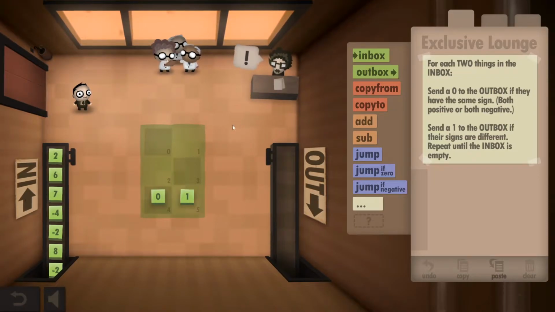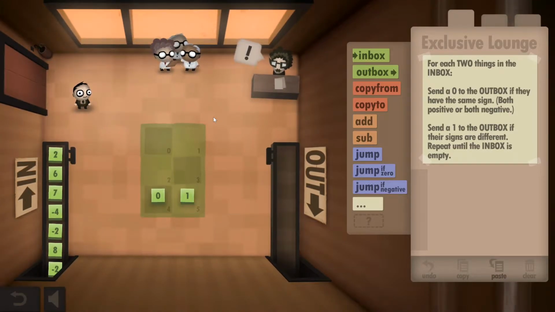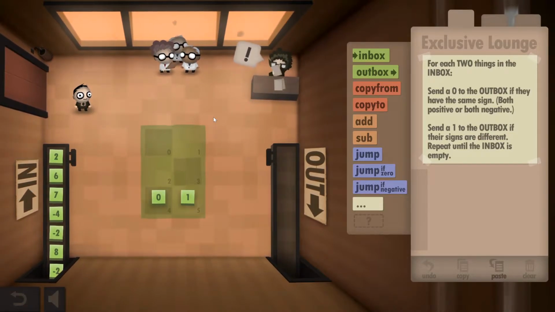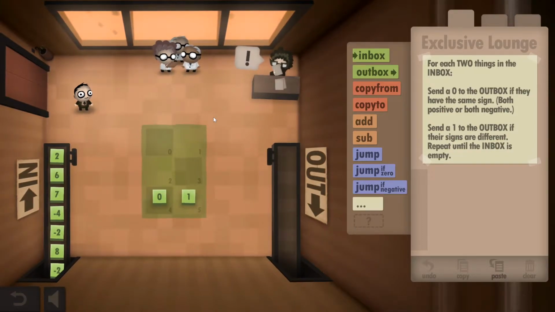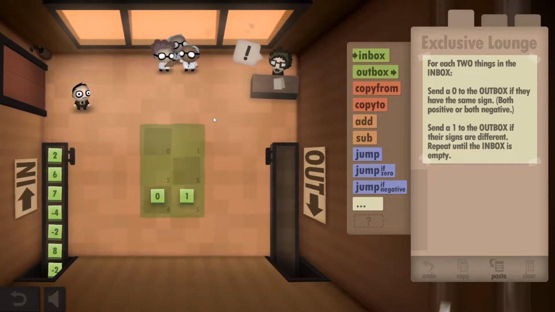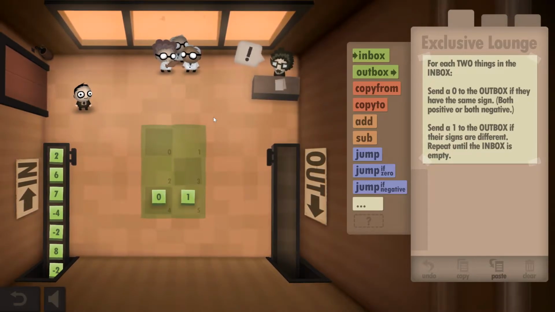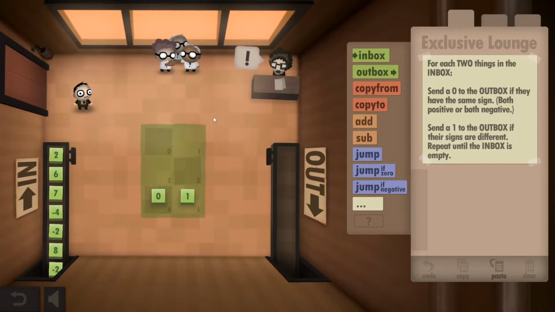So, we're going to have to think about this. What do we know about numbers? Let's think back to some of the earlier levels when we were doing what was essentially a multiplication by 2, which was adding a number to itself.